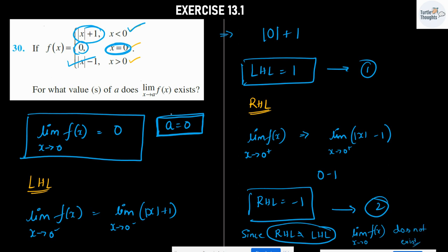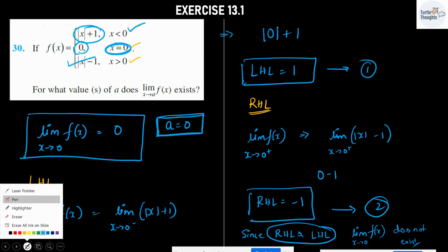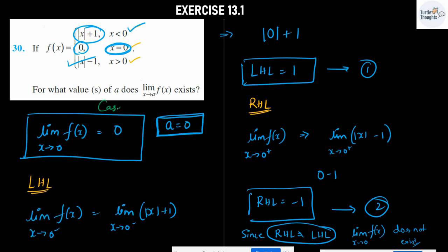So this was case 1. When a is equal to 0, I can write the general term here as limit of f of x as x tends to a. The first case is when a is equal to 0.